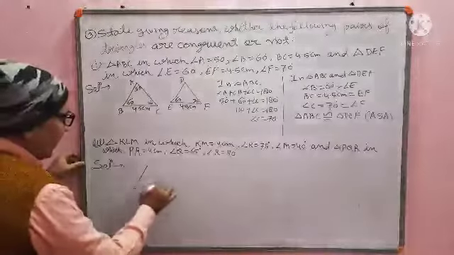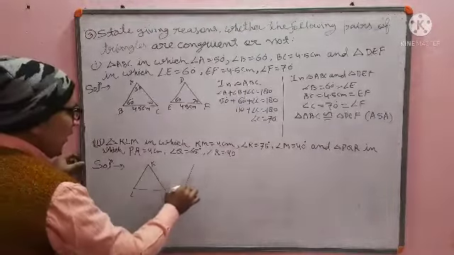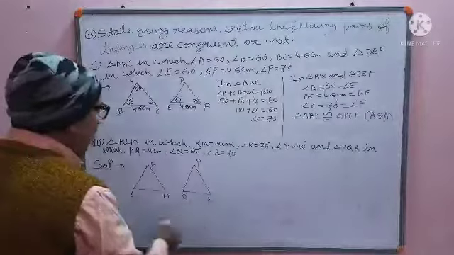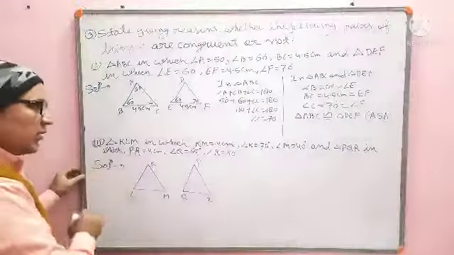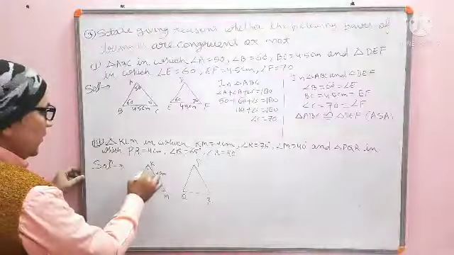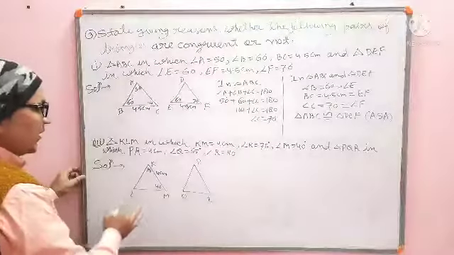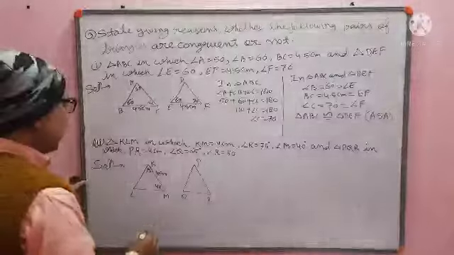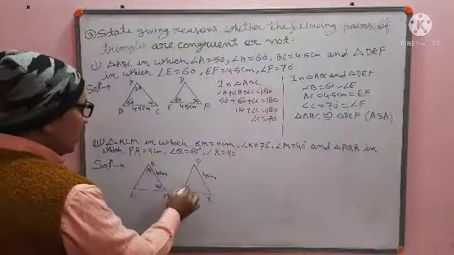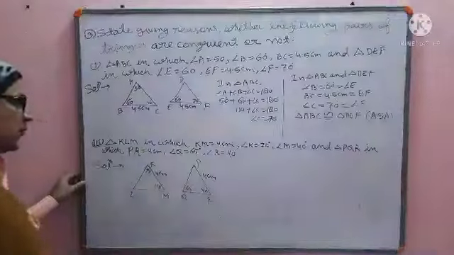First we will draw triangle KLM and here triangle PQR. Then we will write all the given points. KM 4 centimeters, angle K 75 degrees, angle M 40 degrees. In triangle PQR, PR is 4 centimeters, angle Q is 65 degrees, angle R is 40 degrees.